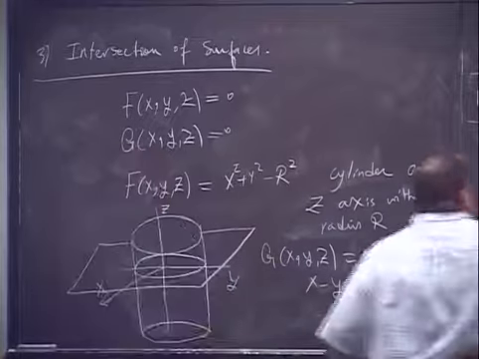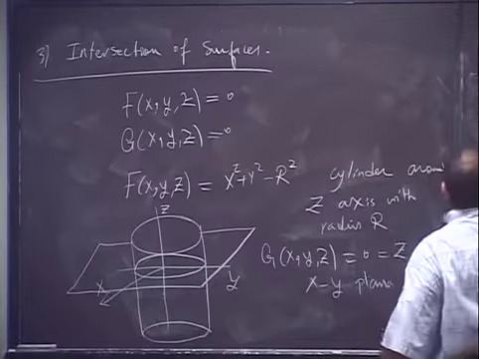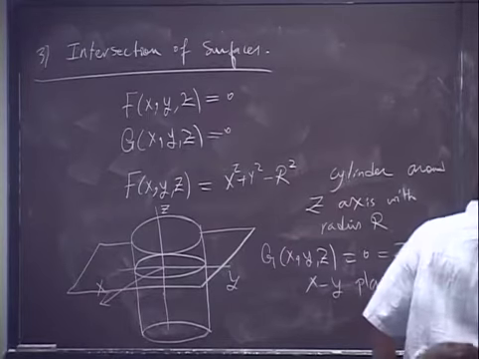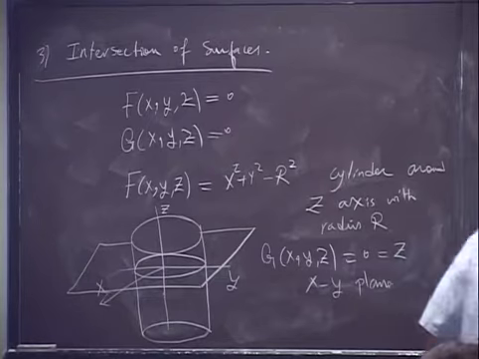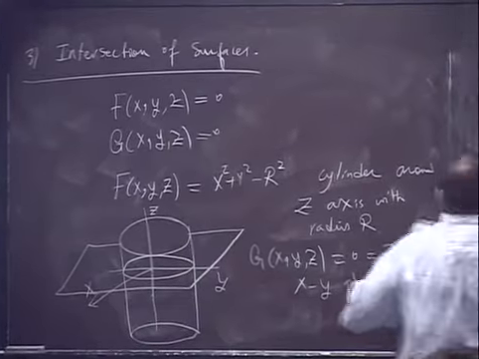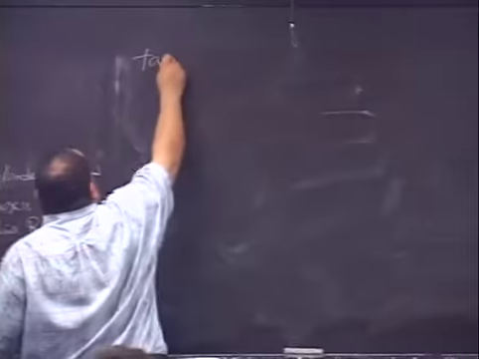Then we can define, and this will be the last part of this lecture, how to calculate a tangent in three-dimensional space for a vector field. So how to calculate the tangent.